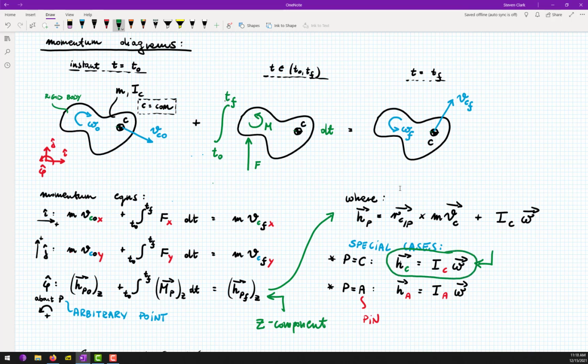It's much simpler than the previous one, right? Also, if you locate a pin in the system, you can simplify this expression into this expression, where again, IC is usually given and IA can be calculated using the parallel axis theorem. And again, D is the distance between points C and A.